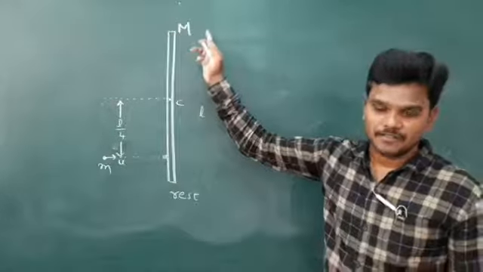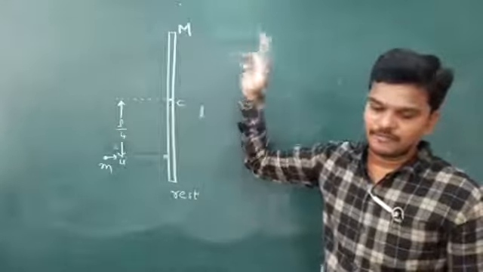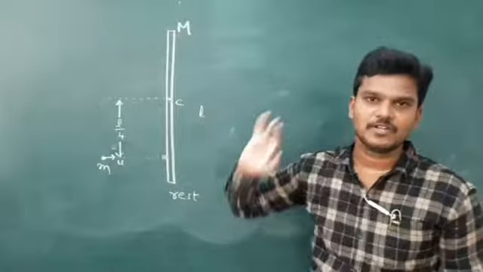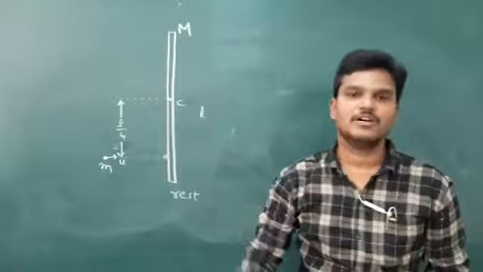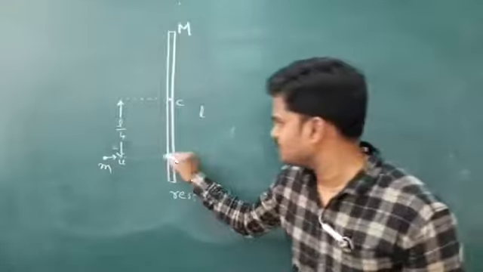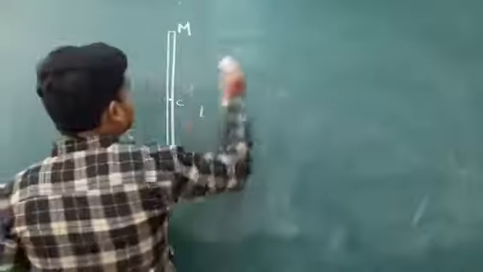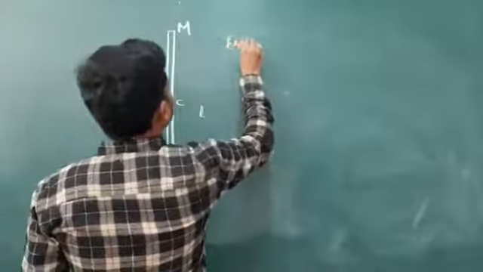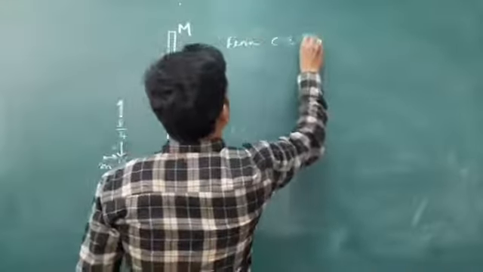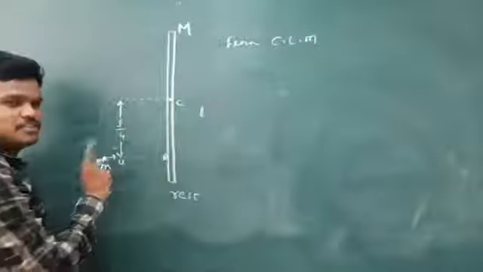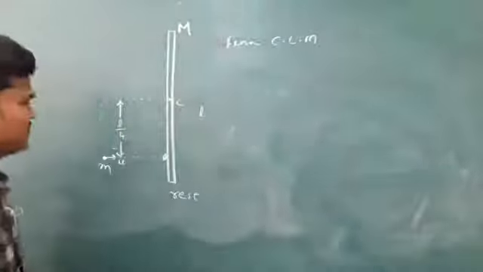So we have to find capital M for which after the collision the ball will come to rest, means the ball will come to rest here. Okay, so here from conservation of linear momentum, momentum before the collision is equal to momentum after the collision.